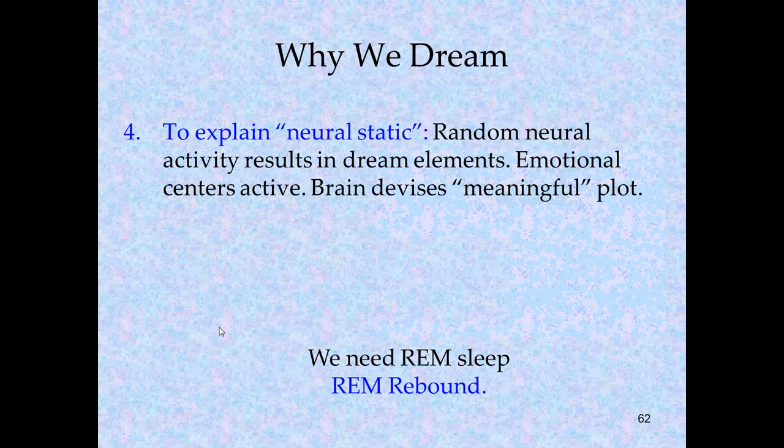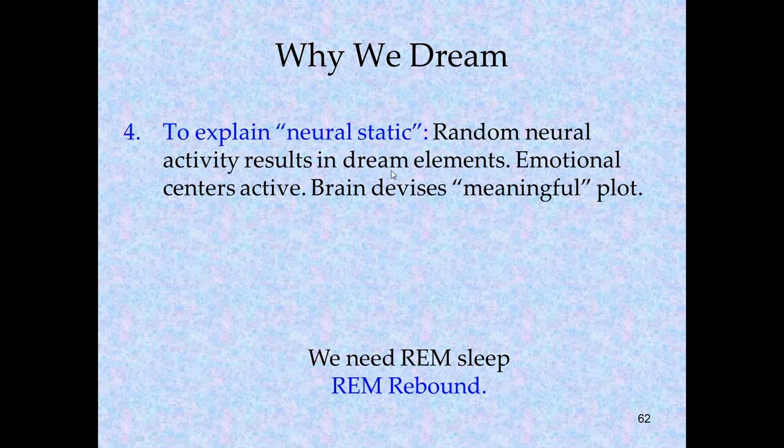A fourth explanation about the purpose of dreams is that it's our brain's way of explaining neural static, as our textbook calls it. The idea is that stimulation from lower brain centers reaches the higher levels of our brain, or cerebral cortex, and when it does, it randomly stimulates the experience of various thoughts, various memories, and various emotional states.